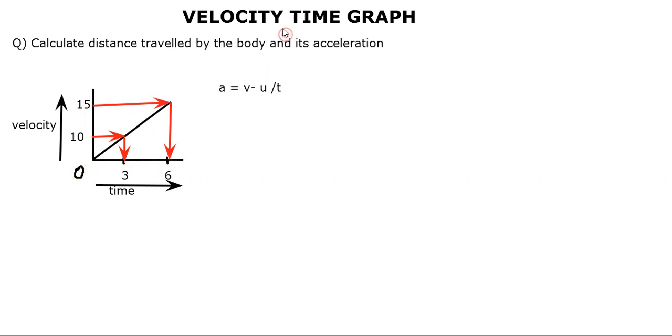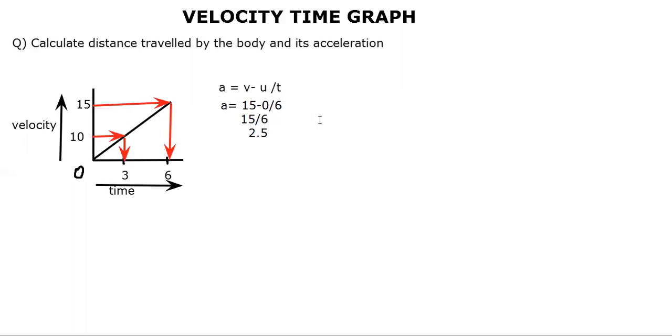If you put these values, a is equal to 15 minus 0 divided by 6. So that would be 15 by 6. You can make it in simplest terms, that is 5 by 2 or 2.5 meter per second square. So by this method also you can find acceleration, by slope method or by the formula.